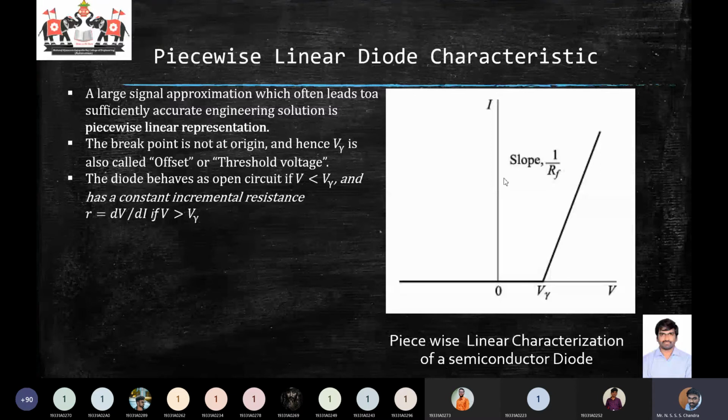So although the diode is a non-linear element, it means the V versus I curve does not have straight line characteristics, still we are approximating it to a linear model, so that we can apply our normal linear equations to solve any problem.